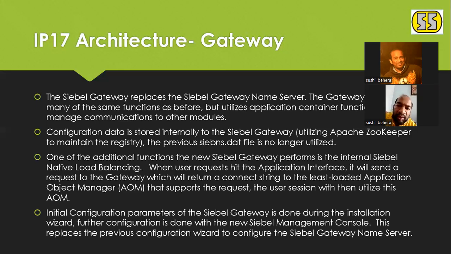What we understood in the previous slide is that the Siebel Gateway Name Server had a file called cbeans.dat, which kept all our component details and server parameter values in a text file. After IP17, this cbeans.dat file is not being utilized.